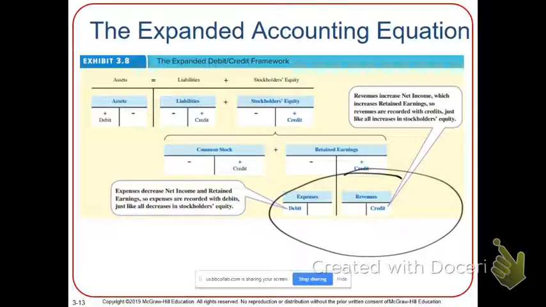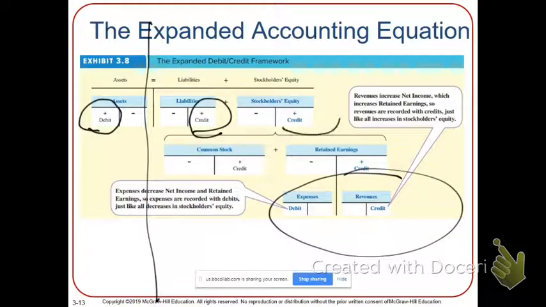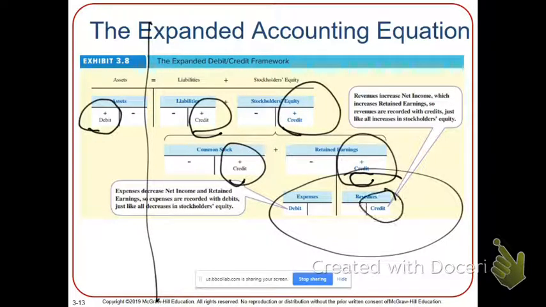So just a quick refresher as we're getting ready to do journal entries. Assets increase with a debit, and that's the balance they typically carry. Liabilities, credit; stockholders' equity, credit; common stock, credit; retained earnings, credit; revenue, credit.